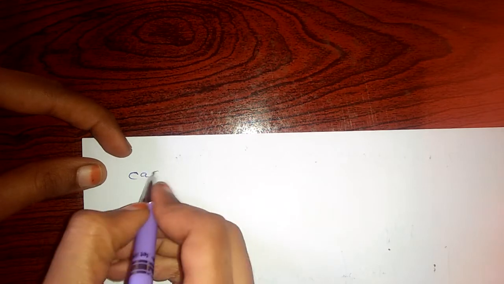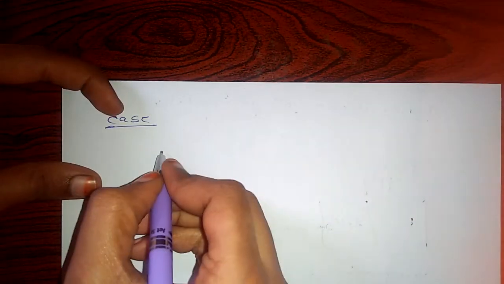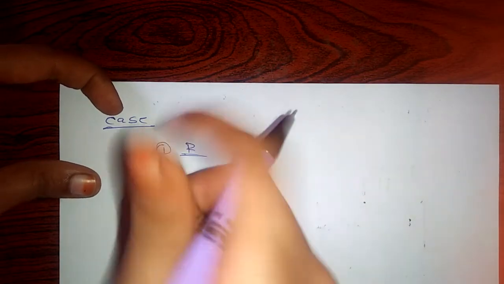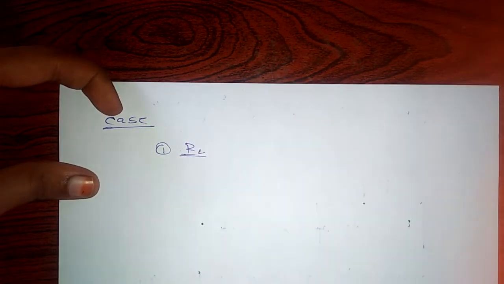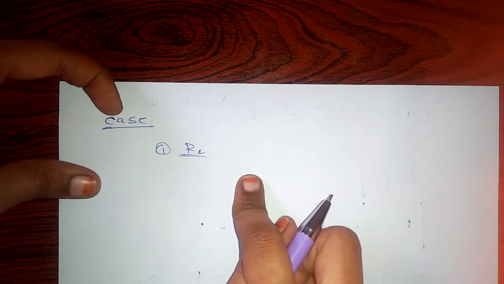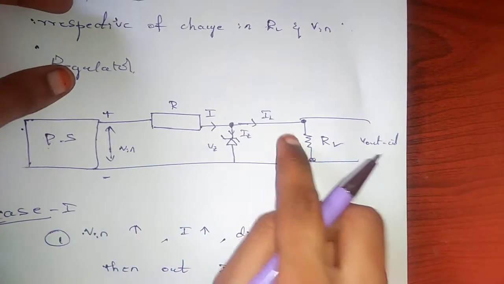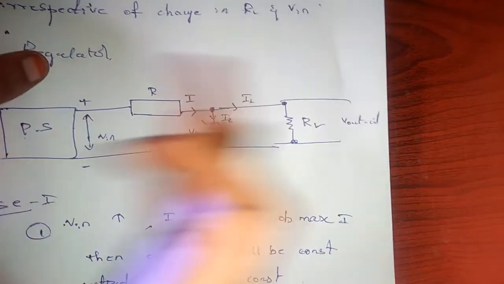So case 2, we have, if we are changing the load resistance. Suppose that the input voltage V is constant, but the output load resistance is not constant. Then when the load RL changes, the current IL also changes.